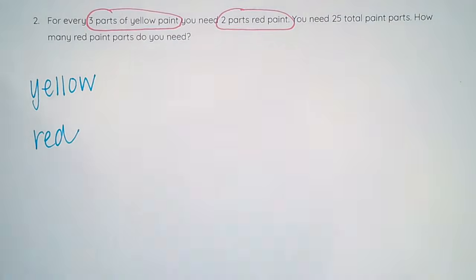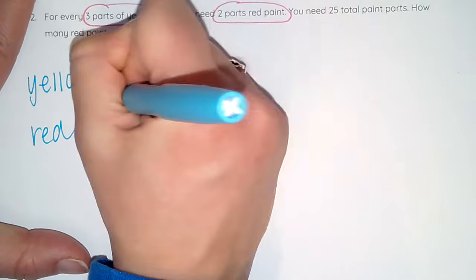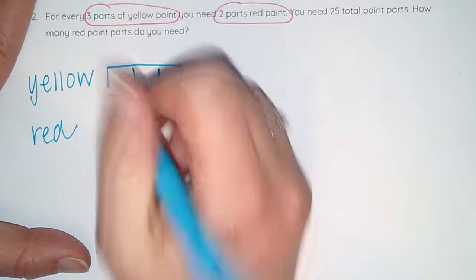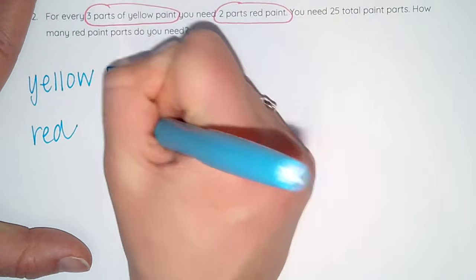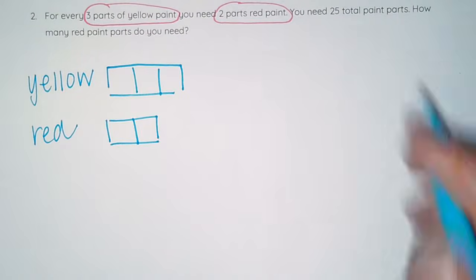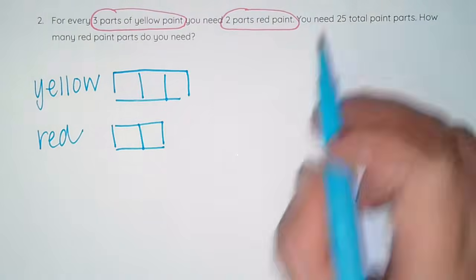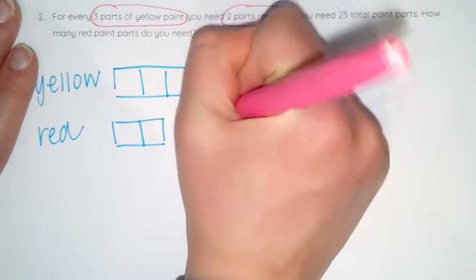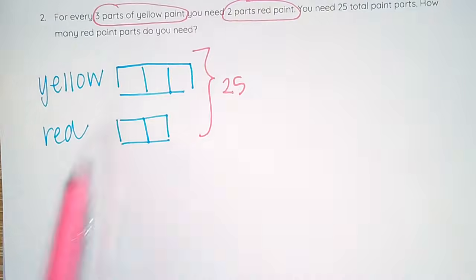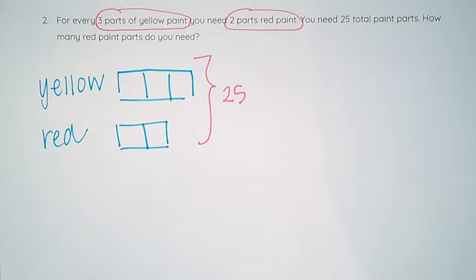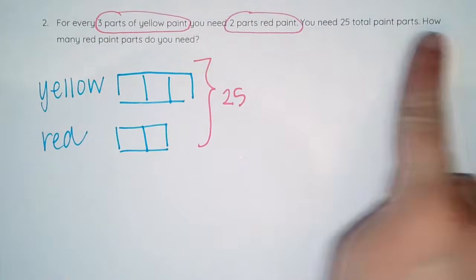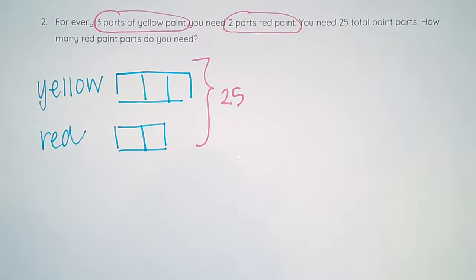Well, my yellow gets 3 parts, while my red gets 2. Now it says I need a total of 25 paint parts. I show that like this. Now I'm going to have you pause the video. It says, how many red paint parts do you need? I want you to go ahead and finish up this diagram and tell me how many red paint parts you need.